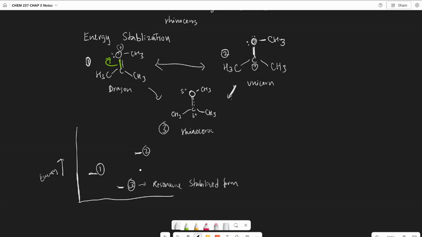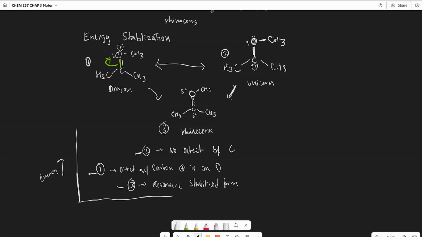Why? Because in 2, you have no octet. You're breaking the octet between the carbon, while in this case, you have an octet with carbon, and the negative and positive charge is on oxygen.